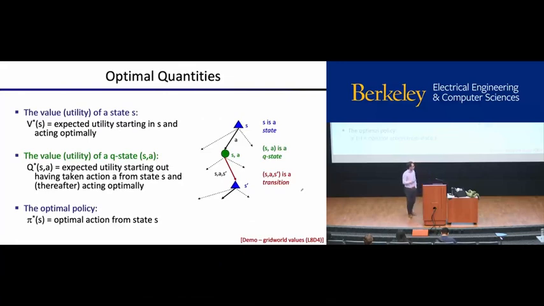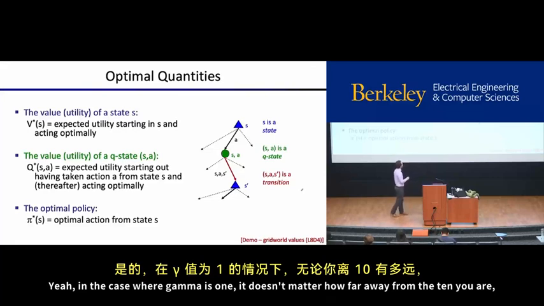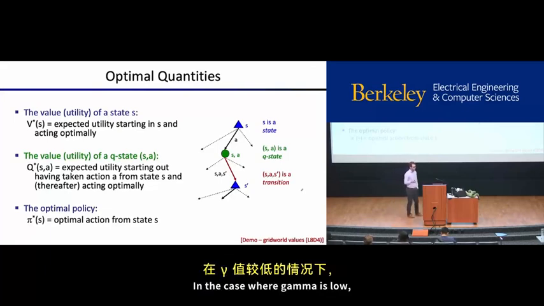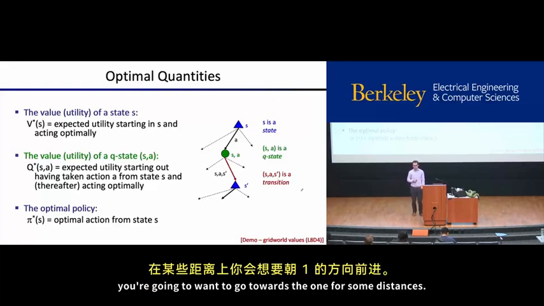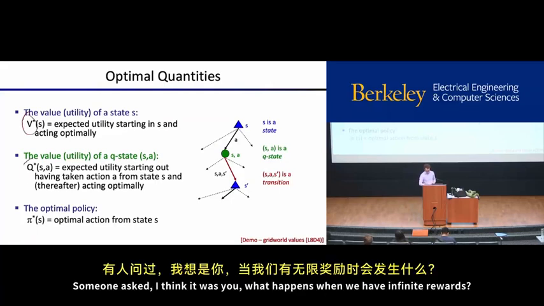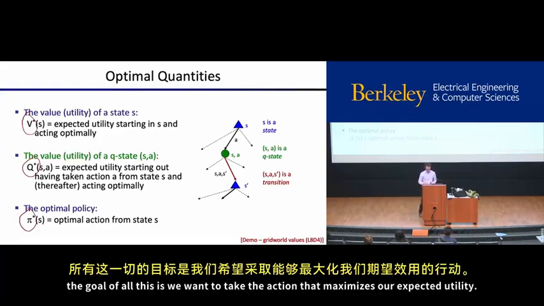So we can define the value of a state as being the expected utility for starting in that state and then acting optimally thereafter. And this we're going to call V star. Whenever you see a star on something, it typically means it's the optimal version of that thing. This is also how they named the A star algorithm, for what that's worth. But all these pi stars and Q stars and V stars are the optimal version of the thing.